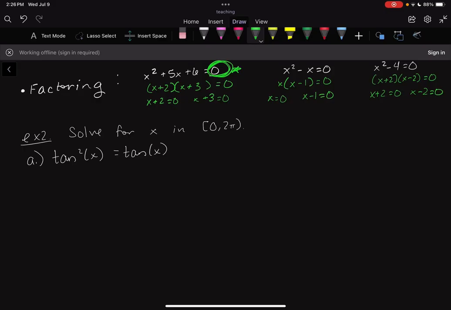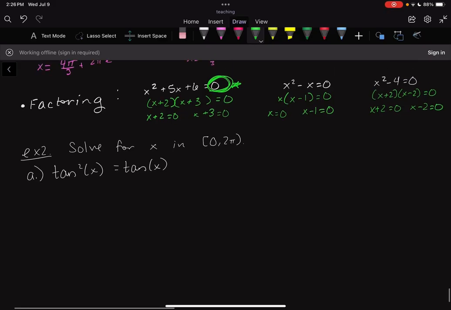So our first step is, it's good to notice some things. Something I'll see a lot of students do with a problem like this is they try to take the square root. The problem with doing that is it does cancel out this one, but then what are you supposed to do over here with square root of tangent? It just leaves you with not very many options.